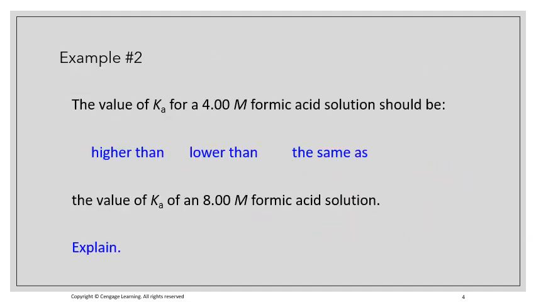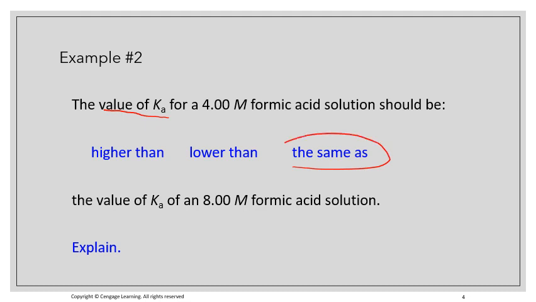So for our second example, we have the value of the Ka for a 4.00 molar formic acid solution should be higher than, lower than, or the same as the value of Ka of an 8 molar formic acid solution. So in this situation here, again, we're looking for the value of the Ka.